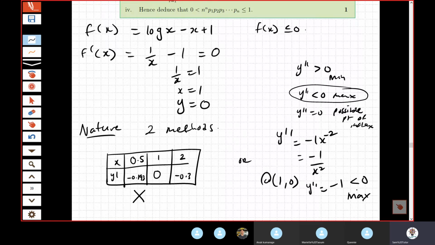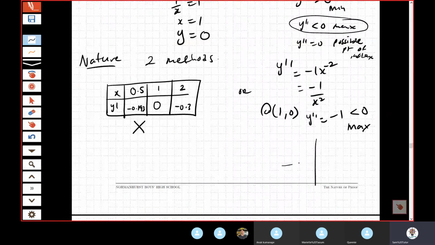Do you get that? So then technically, from a graphical point of view, what you've just proven is this. X is 1, y is 0 there. The maximum turning point is at 1 and y is 0.